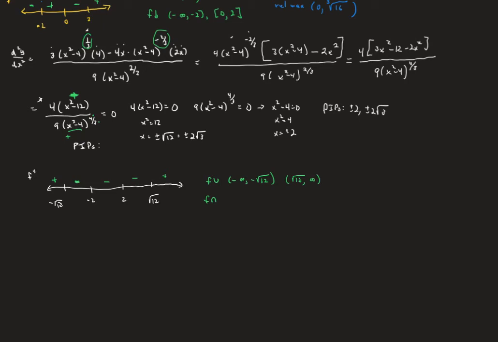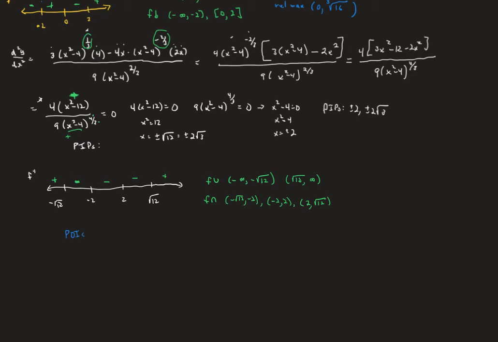So we would say it's concave down from negative square root of 12 to negative 2, also from negative 2 to positive 2, and also from 2 to positive square root of 12. So I think that was part C, and we need our inflection points.